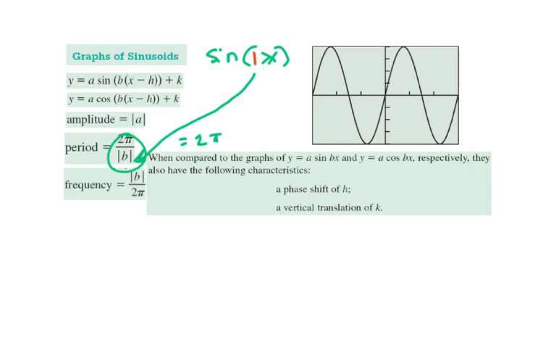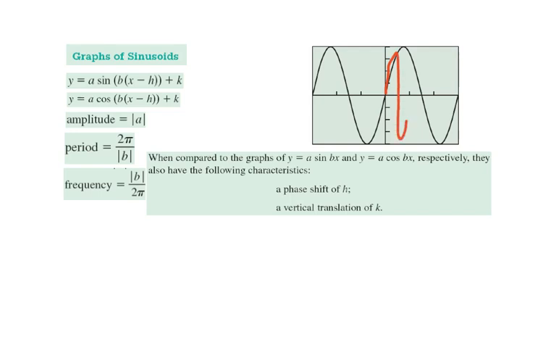So any value that might be inserted into this place here for b is going to be put in the denominator as its absolute value, so as a positive number, and it's going to change your period. So all that would mean is that it's going to change the length. So maybe it wouldn't circulate in 2 pi, maybe it would do it in half the time. Or in this case, I'd just make it a third of the time.